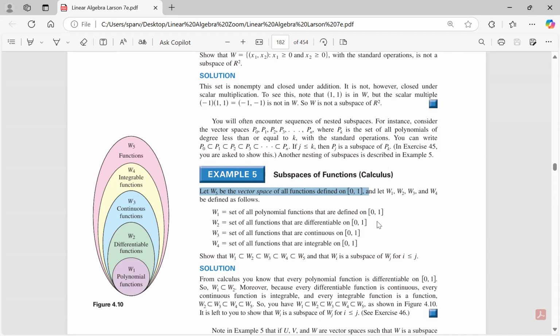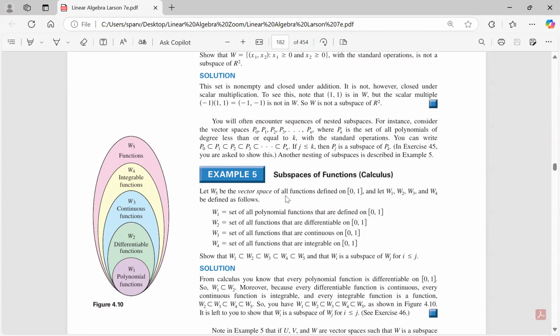Then the author selects four different subspaces. He says, I'm going to look at polynomial functions. Well, polynomial functions are a subset of functions, as long as everything is in [0, 1].